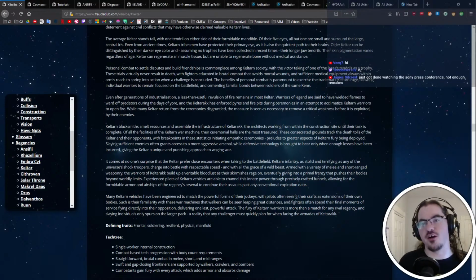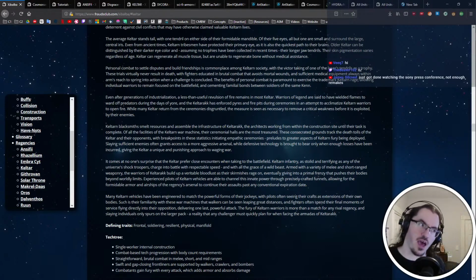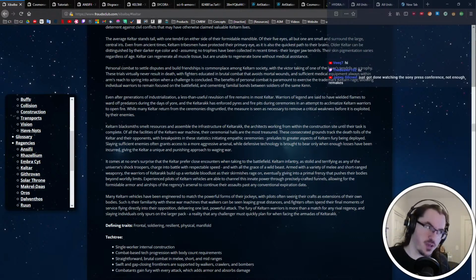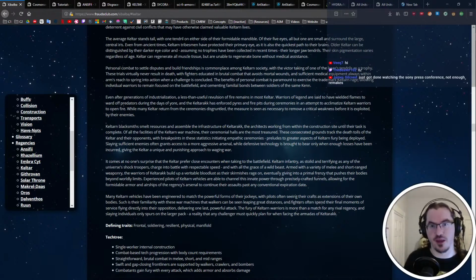So say the default mining time is 3 or 4 seconds, and then the Ansifi and Keltar ones do it 1 second less. That would actually be pretty good, because even though they're moving slower than the basic workers of the other Regencies, they're able to spend less time harvesting.